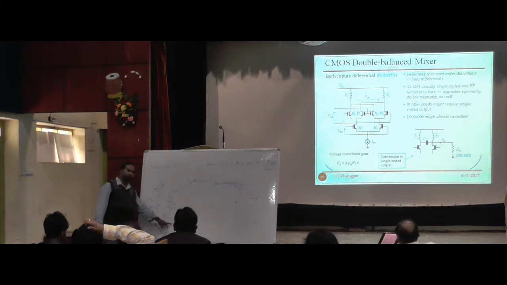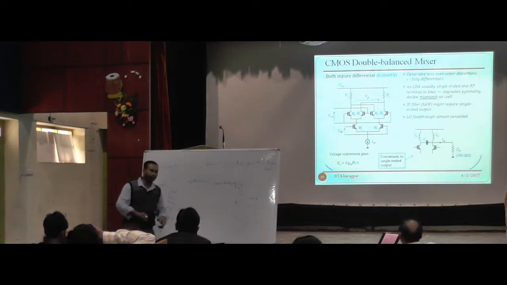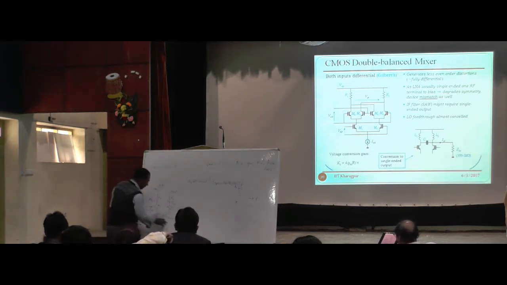So what is the proposal? How will you do this? It's possible because the differential signal is inherently cancelling the differential part. So why not use another term called I bias minus IRF and add it up there?